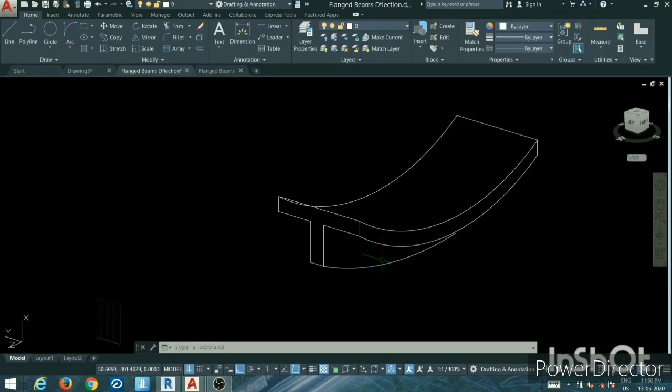If we only talk about the mid portion of this beam, of this flange section, at this point you can see that both slab and beam are deflecting in the same manner. That means at the top there is compression, whereas at the bottom there is tension. I'm talking about both the components, slab also and beam also.